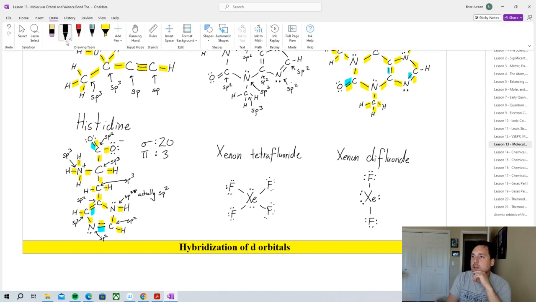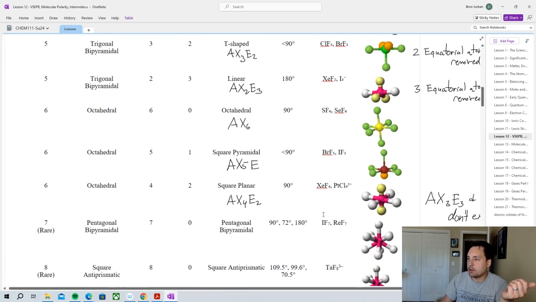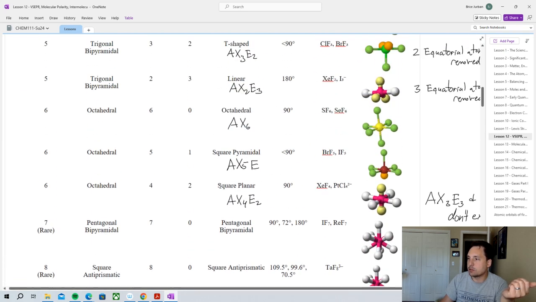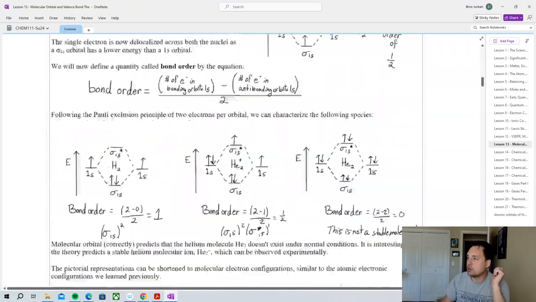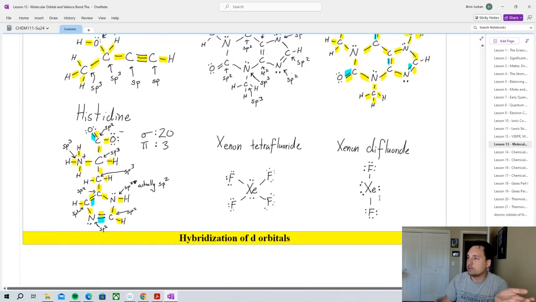So this image here of xenon tetrafluoride requires a square planar shape, which means it has to have octahedral electronic geometry. And then the other xenon molecule, xenon difluoride, has linear shape, which requires a trigonal bipyramidal electronic geometry. So in order for us to get those, that's when we need to make use of these d orbitals.